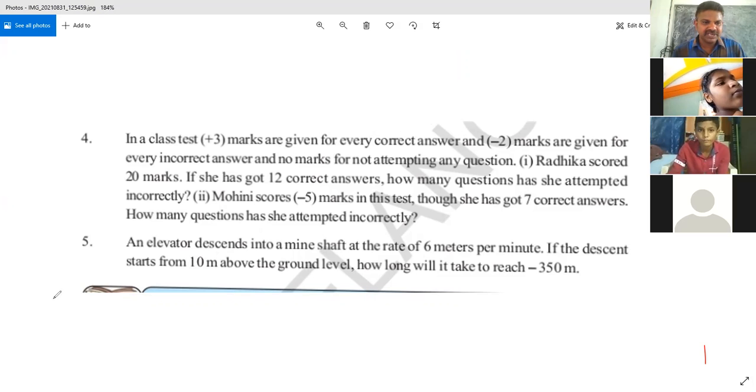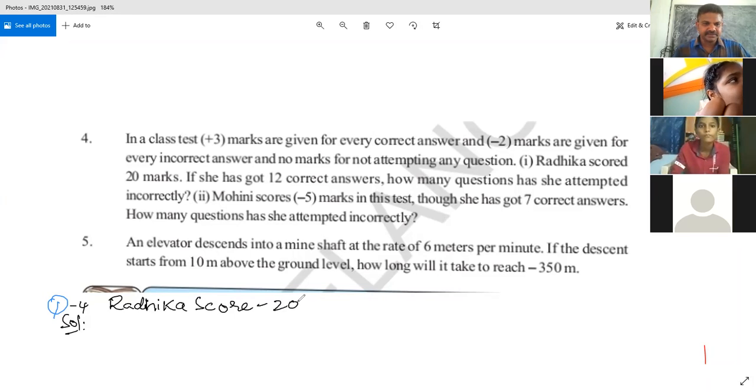The solution of question number 4. See, Radhika's score is 20.